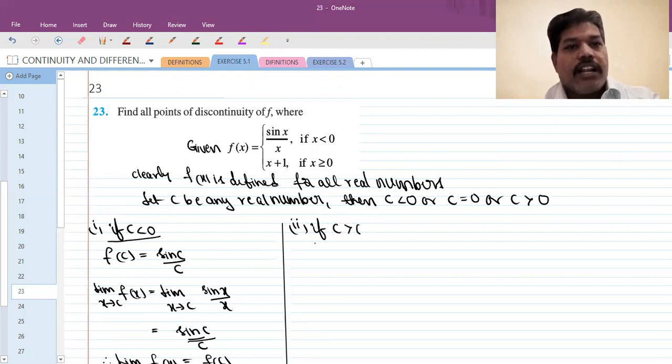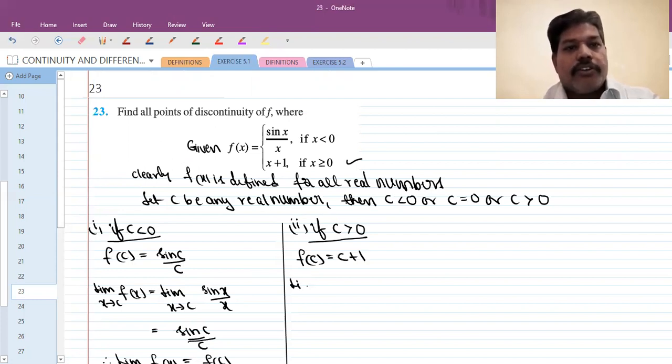If c is greater than 0, then what is the value of f of c? See the second case: if c is greater than 0, f of x becomes x plus 1. So f of c becomes c plus 1.